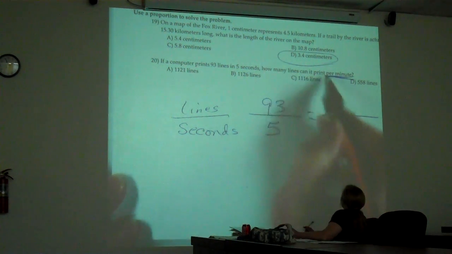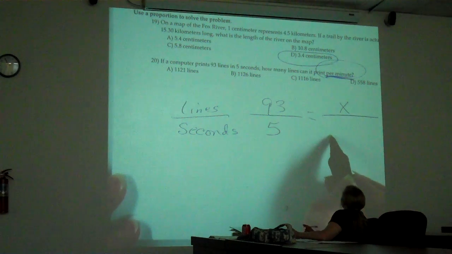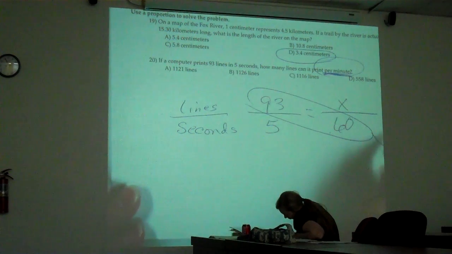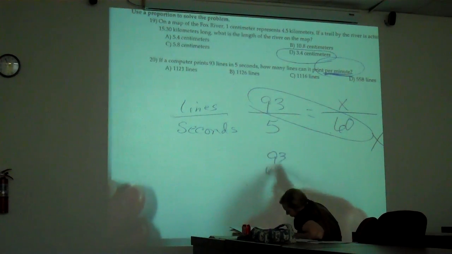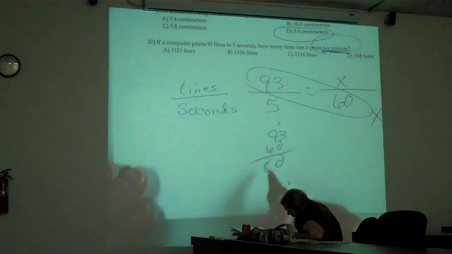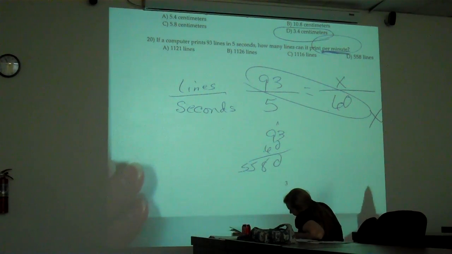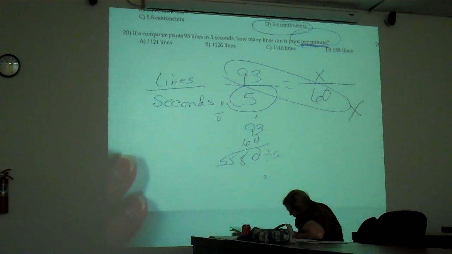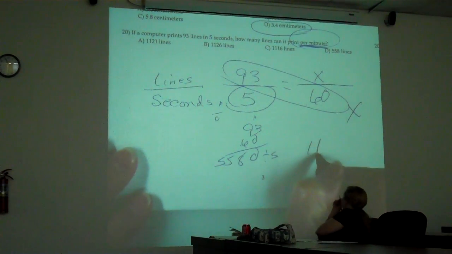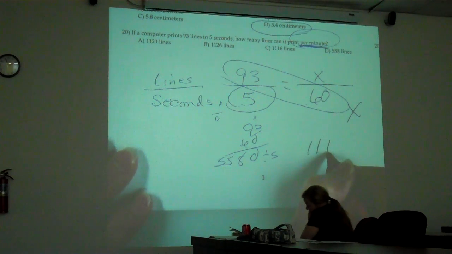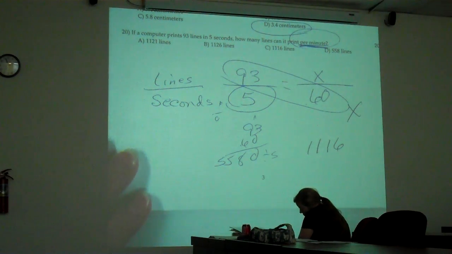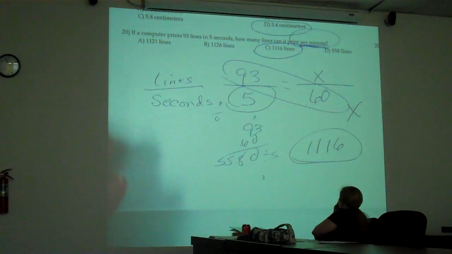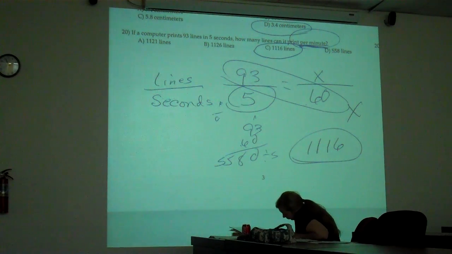X over how many lines in a minute, which is 60 seconds, right? 60 times 93 is 5580, and divide that by 5. So, is it 1116? 1116, right.